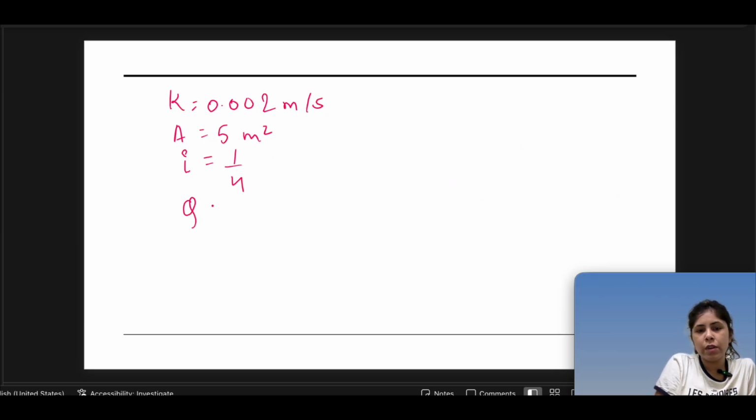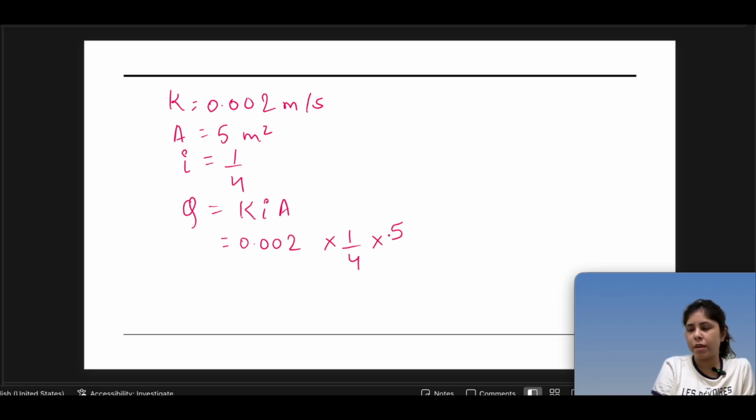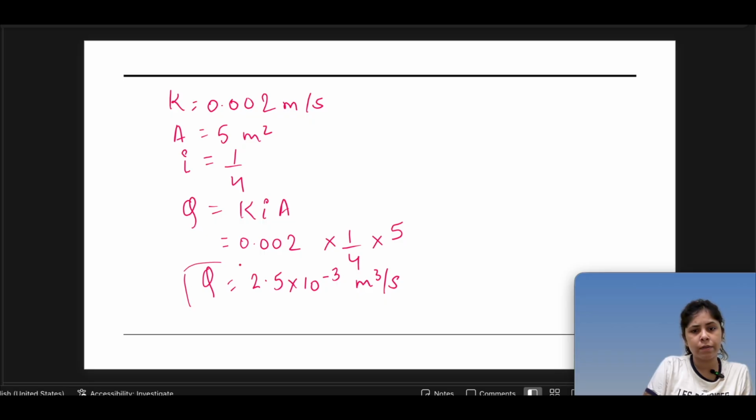Can we calculate Q? Yes, we know Darcy's law. Q equals KIA, so 0.002 into 1 by 4 into 5 meter square. If we calculate it, we get discharge as 2.5 into 10 to the power minus 3 meter cube per second. That's the answer.